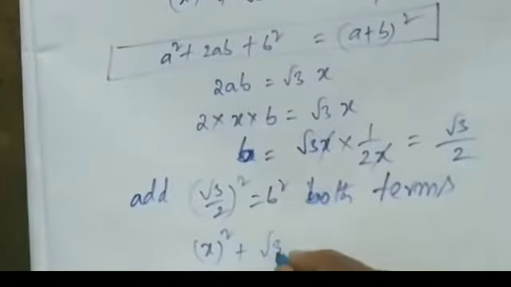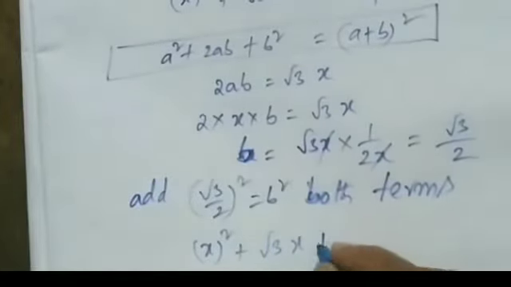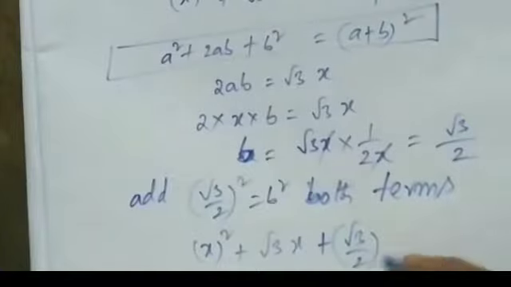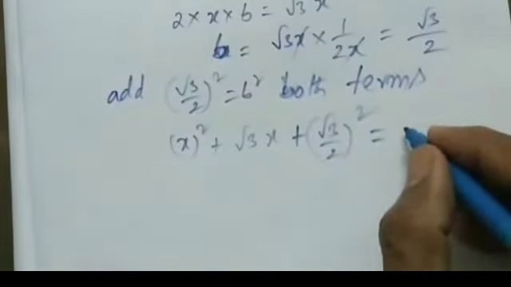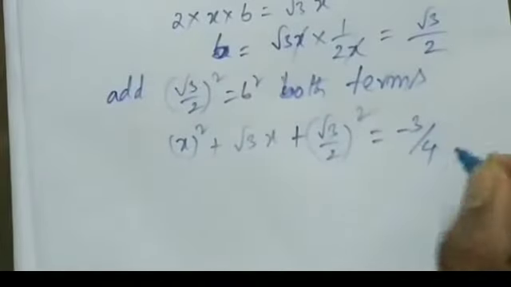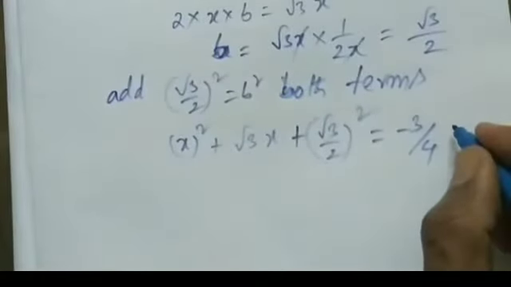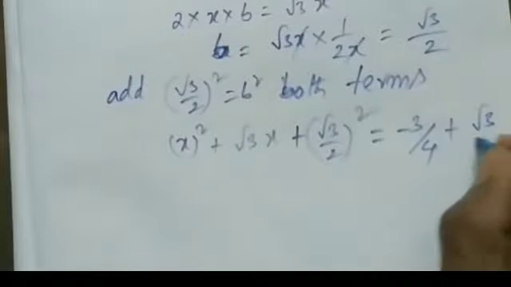So x square plus root 3x plus root 3 by 2 whole square equals minus 3 by 4 plus root 3 by 2 whole square.